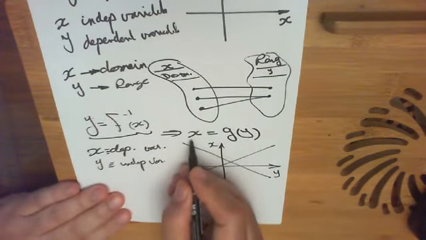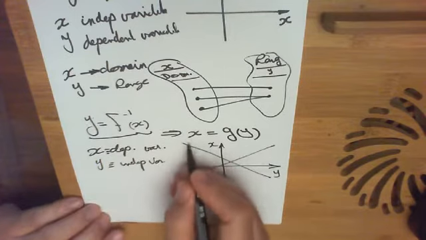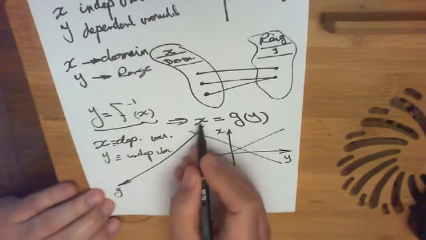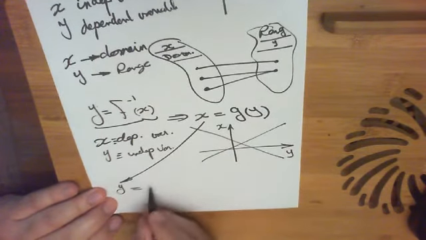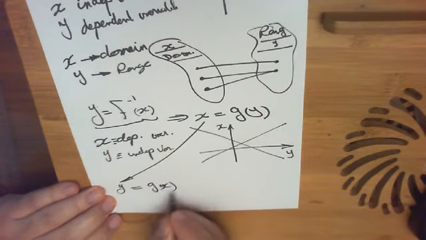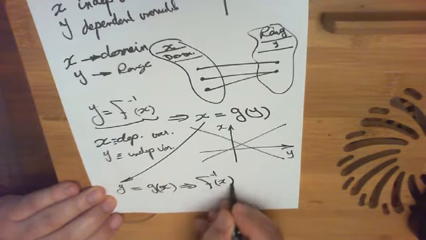Maybe you write u equals u of v or t equals u of s. So no problem to replace y instead of x and x instead of y. So we have the inverse function f minus 1 of x.